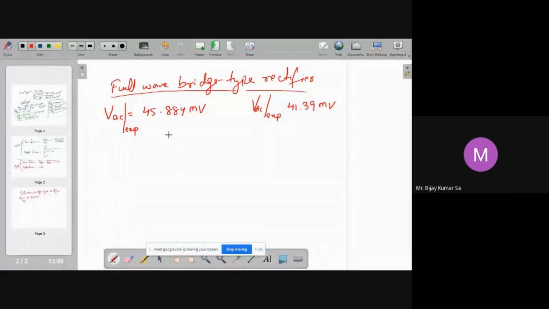So I can get the experimental value of VRMS. VRMS is equal to the square root of VAC squared plus VDC squared. Tell me how much it is. Calculate. 61.883 millivolt, right?